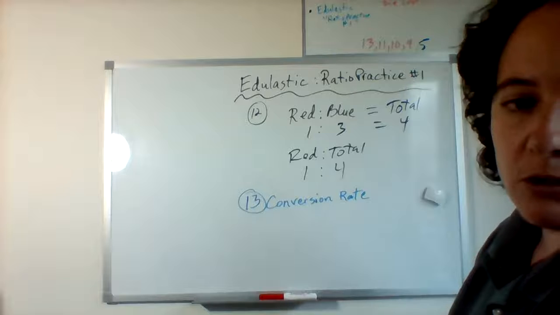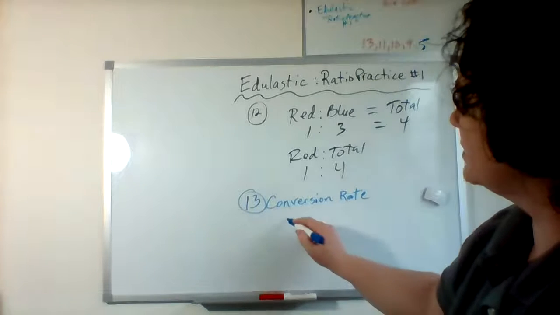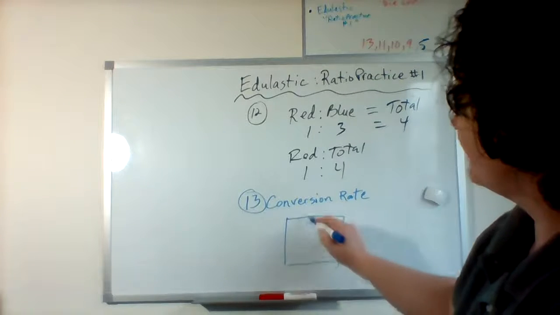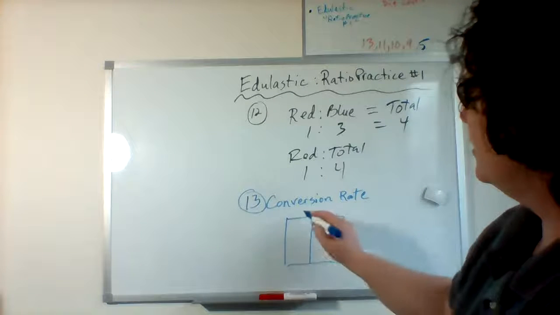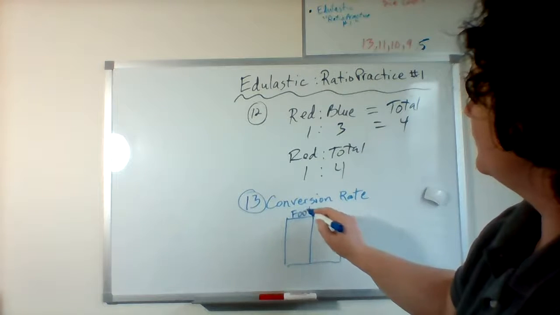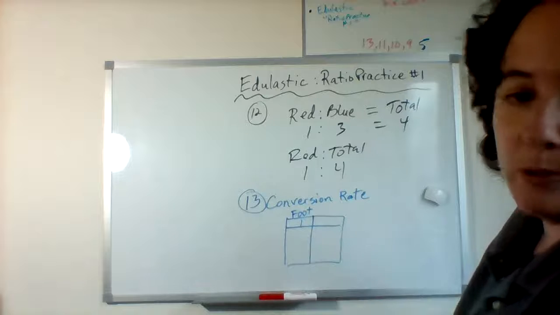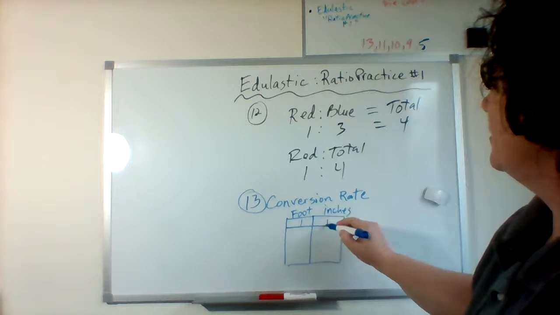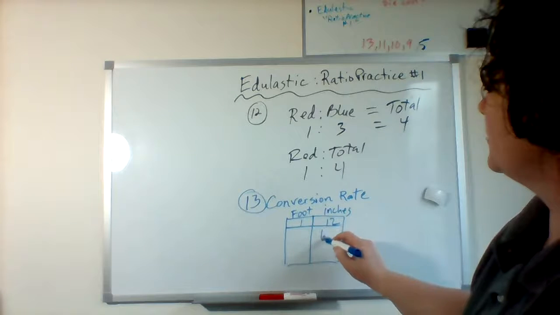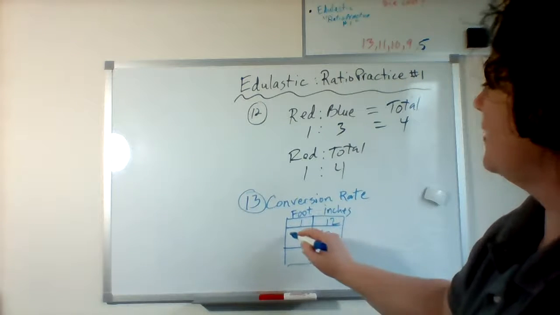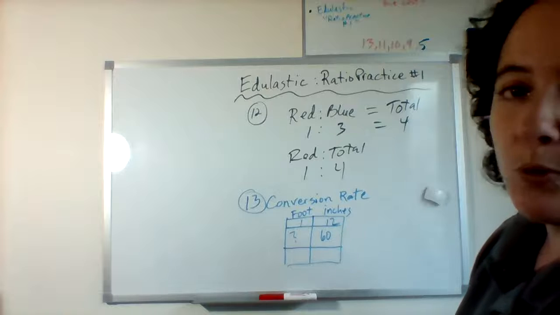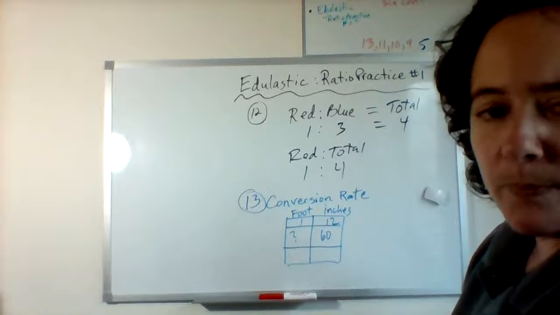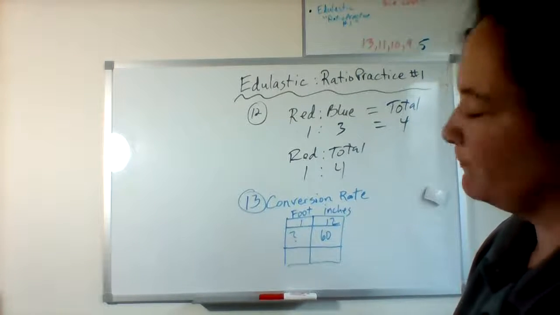Conversion rates, at the heart of it all, are still a ratio. For 1 foot, it would be 12 inches. That's something you already knew. They're giving us 60 inches, and they want to know the equivalent ratio. What is the conversion rate?